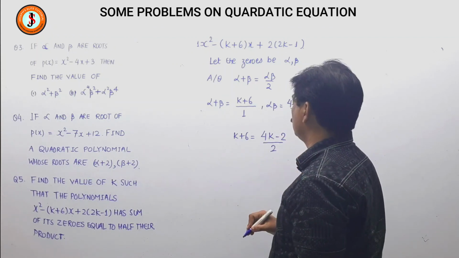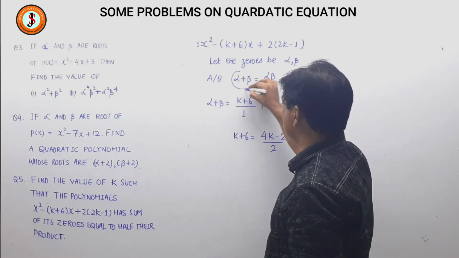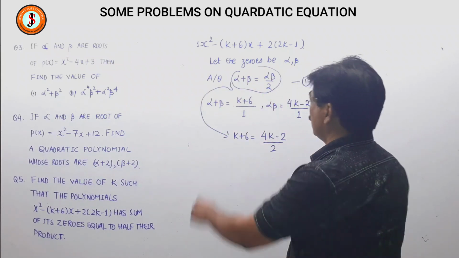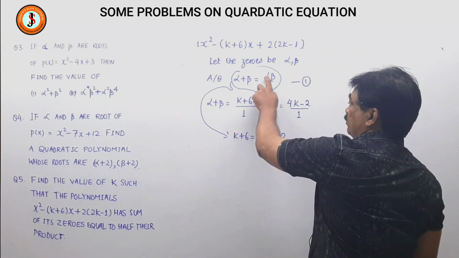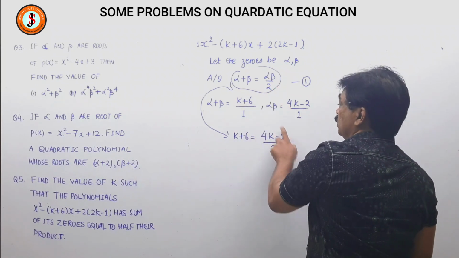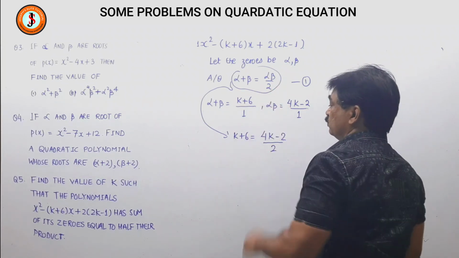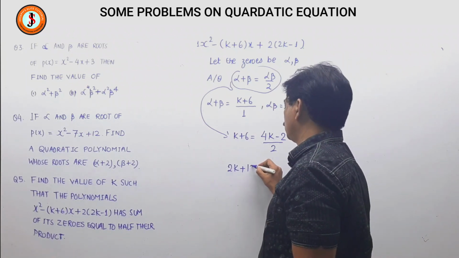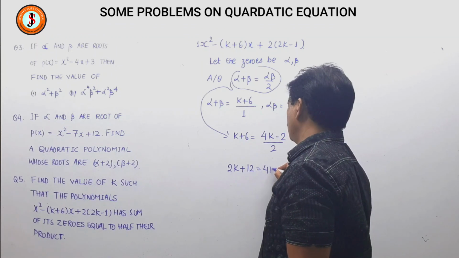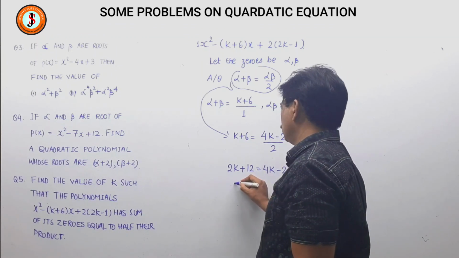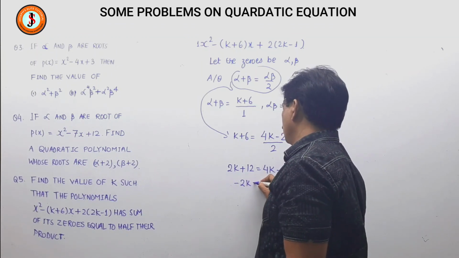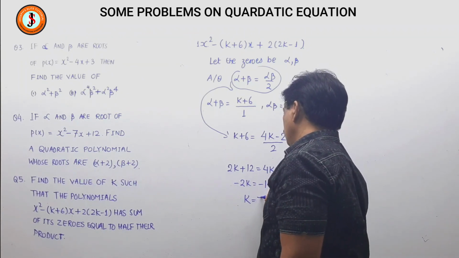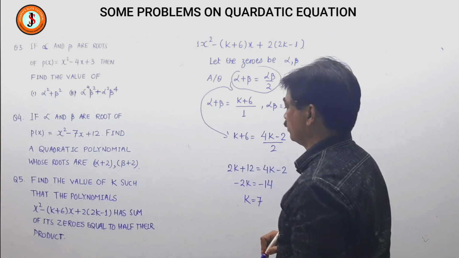I am placing the values: alpha plus beta is k plus 6, and alpha into beta is 4k minus 2 by 2. So 2 over here. So this will be 2k plus 12 is equal to 4k minus 2. So minus 2k is equal to minus 14. So k is equal to 14 by 2, that is 7.